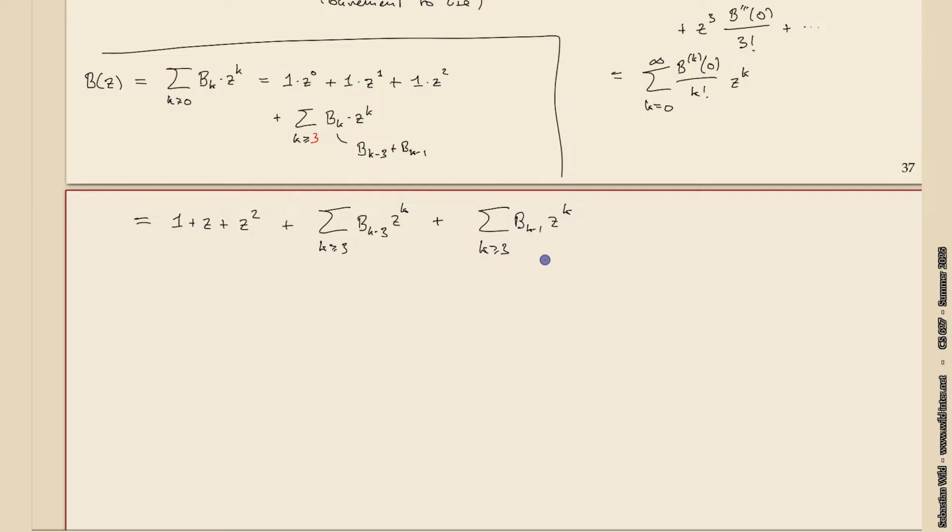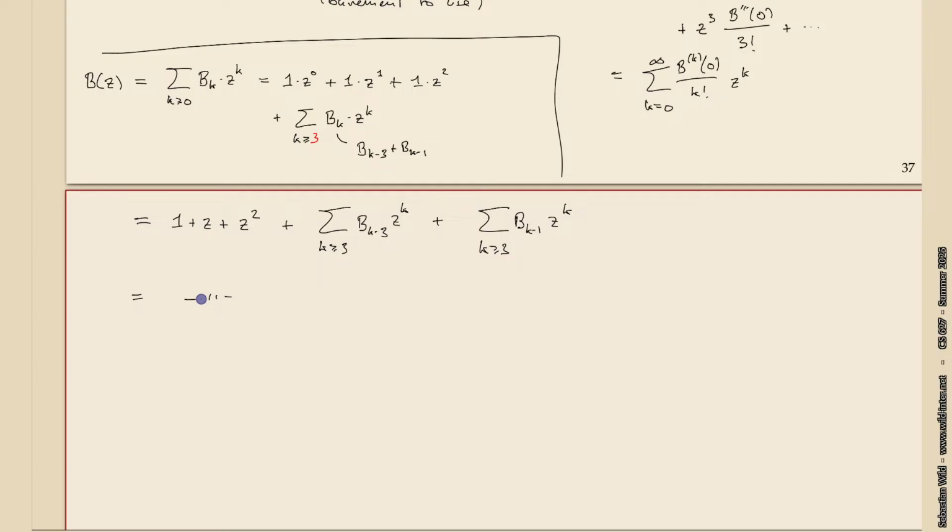Now we're going to try to simplify this to get something back in terms of b of z, because this almost looks like the original b of z, except that it doesn't perfectly match. There's a mismatch between the index and the power, and a mismatch in where the sums start. But it's actually close.